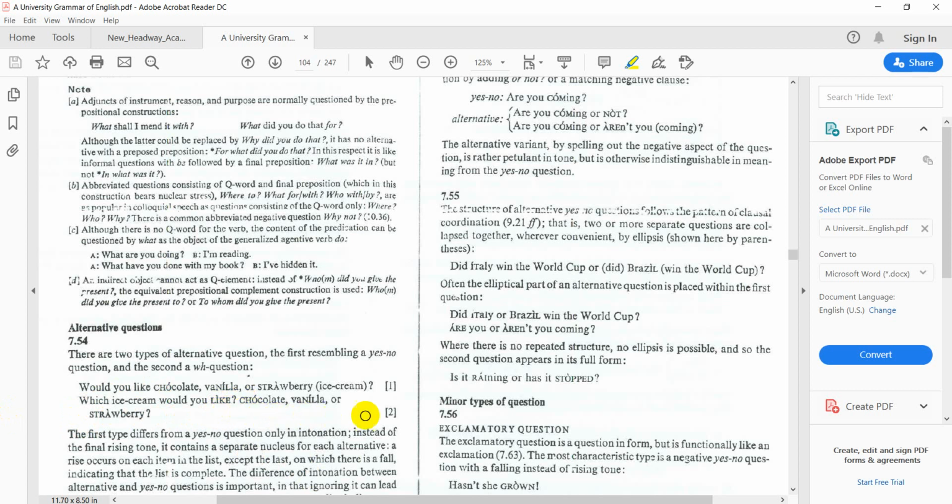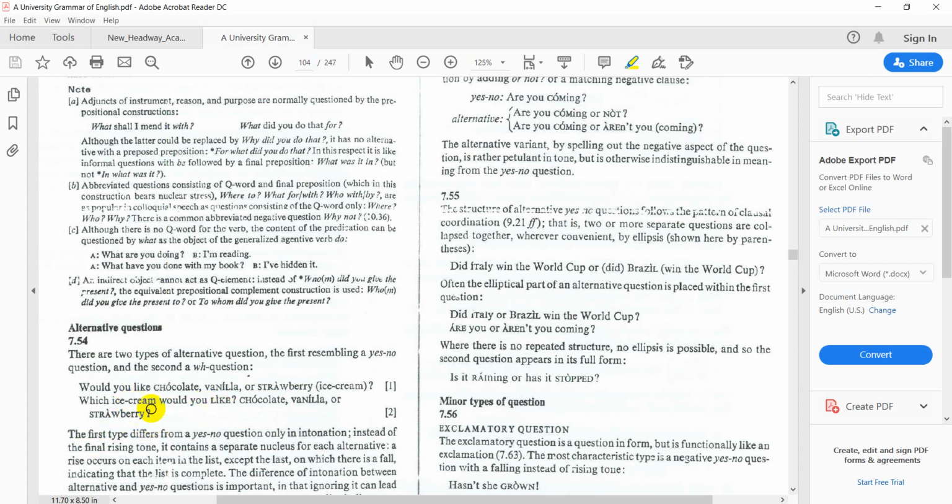Then I start to give alternatives, I'm trying to give choices, but after putting the question mark. So it is as if I'm having two questions. Which ice cream would you like? Question mark. Chocolate, vanilla, or strawberry? This is another question.